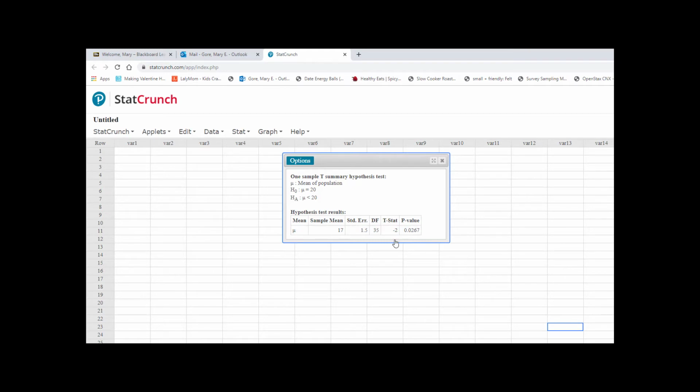The pop-up box will come in with what we need to know. You can see here that the t-stat is indeed -2. That's what we expected from our sketch. That's why we sketched to begin with, so that we know that StatCrunch is giving us what we anticipate. And also that small shaded region to the left had an area of 0.0267. That is our probability value, otherwise known as a p-value.